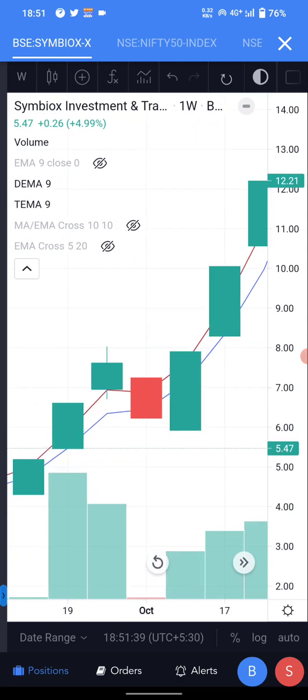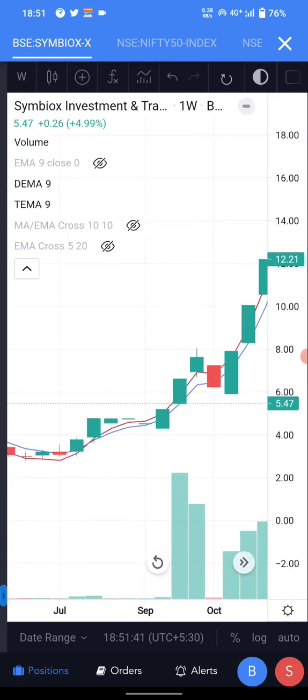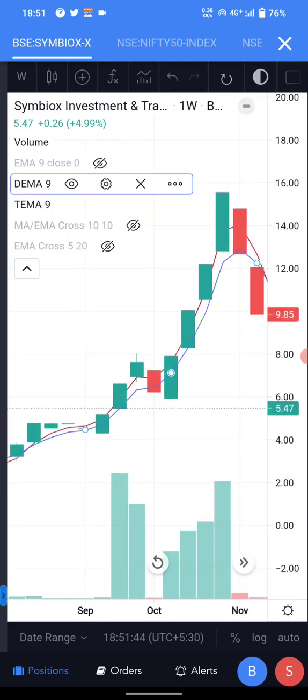So, the outcome of this is, you can use any of these EMAs, and the time frame for intraday most suitable is 15 minutes.